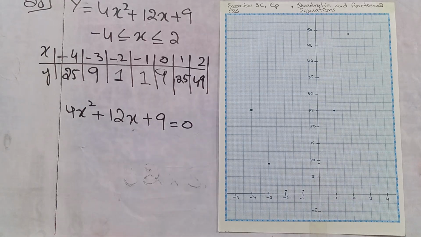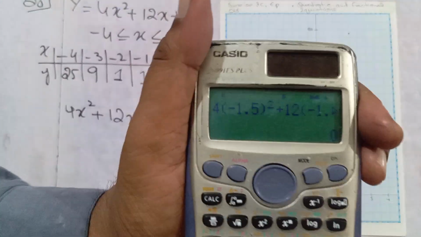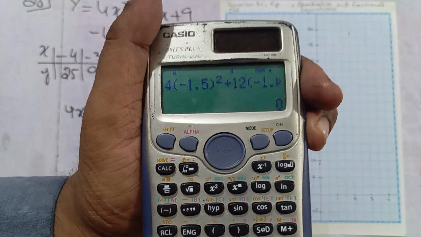Okay, but let me enter more numbers here. I will take a point between minus 2 and minus 1, so minus 1.5. So 4 bracket minus 1.5 bracket close square plus 12 bracket minus 1.5 bracket close plus 9 equals, that gives you 0. So at minus 1.5, it gave me 0.